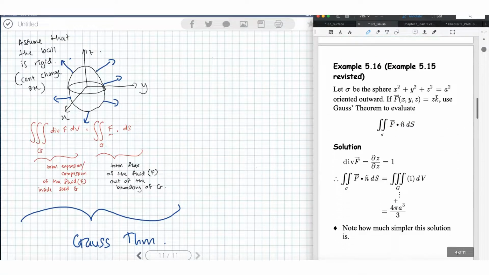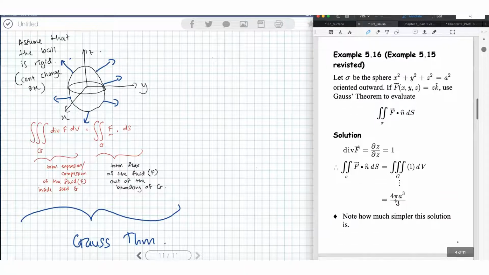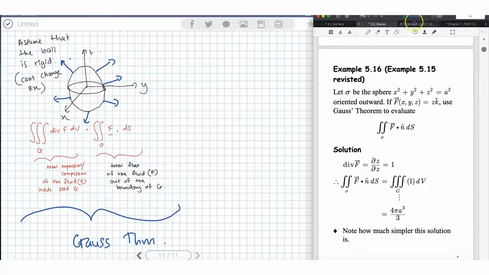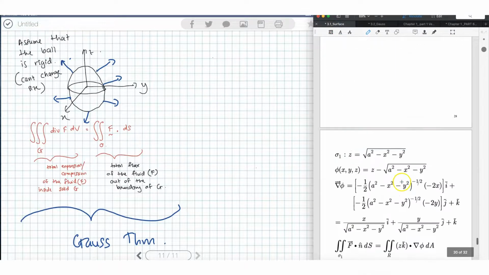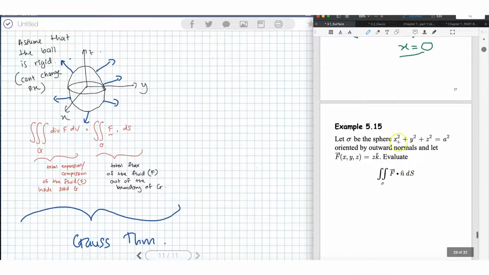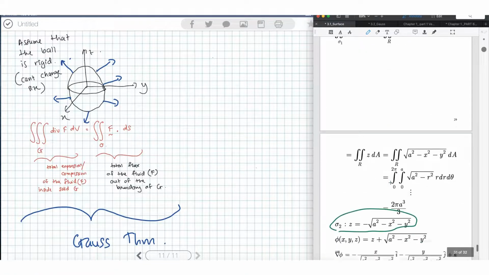Now we want to apply the same problem that we discussed in the previous video, where you computed using surface integrals. You had to provide sigma 1 and sigma 2, and then total them up, right?